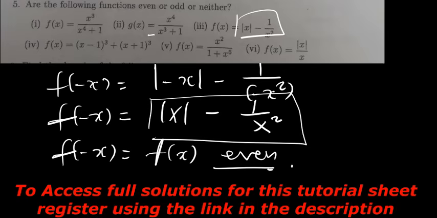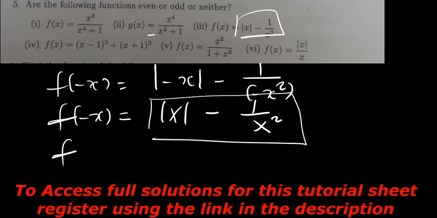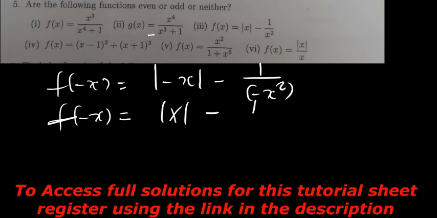If I didn't have the modulus there, this function would not have been even. Let's try if at all we didn't have the modulus. Now I'm solving this question as if we didn't have modulus. So it would have been like this. Then there is negative in front here. Let's factor out negative.